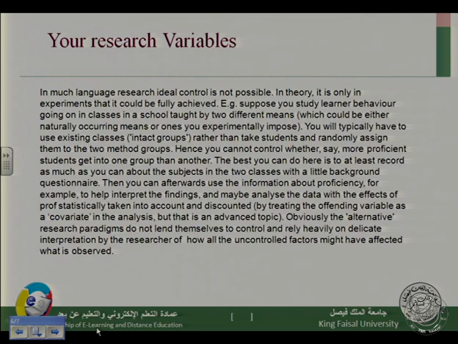But that is an advanced topic which I don't want also to talk about. So, as I said, you cannot control proficiency, but you can use proficiency later to explain your results. And I don't want to talk about advanced topics to avoid confusion.